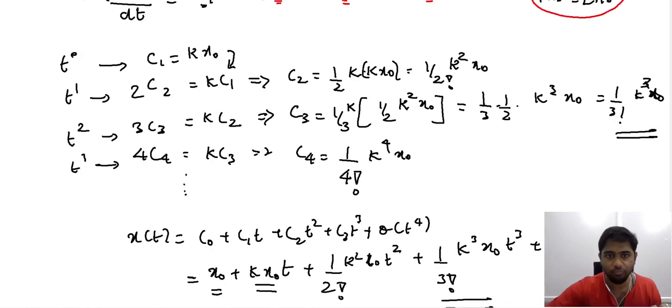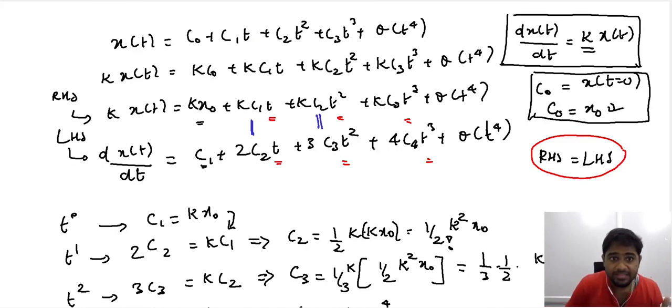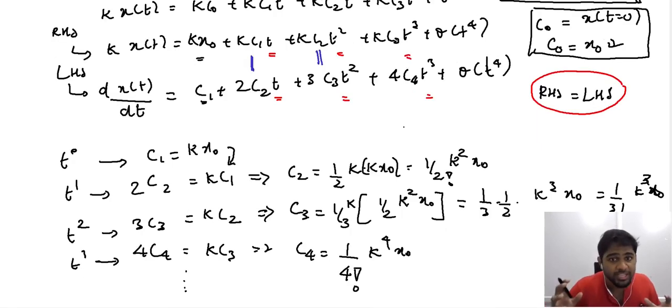So the steps involved are: we considered the expansion series on the right hand side and the left hand side of the equation that we derived from the nature of the system. We were able to equate the corresponding coefficients, and by equating them we were able to express each of these coefficients based on the initial conditions.